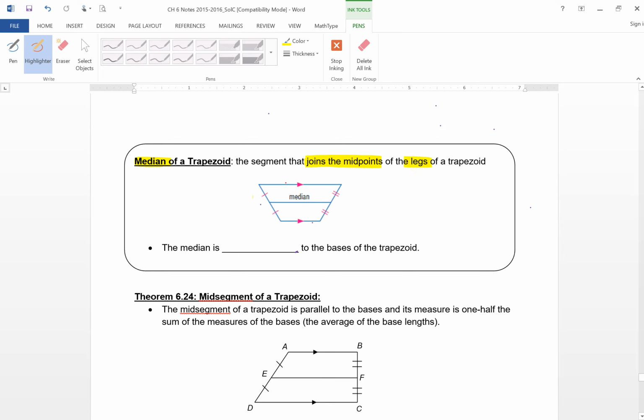So remember for the triangle, the median was a segment that joined the midpoints of two sides. This joins the midpoints of the two legs. So basically, you find the midpoint of one leg, you find the midpoint of the other leg, and you join them and you get the median. When you do that, magically, the median will become parallel to the bases.